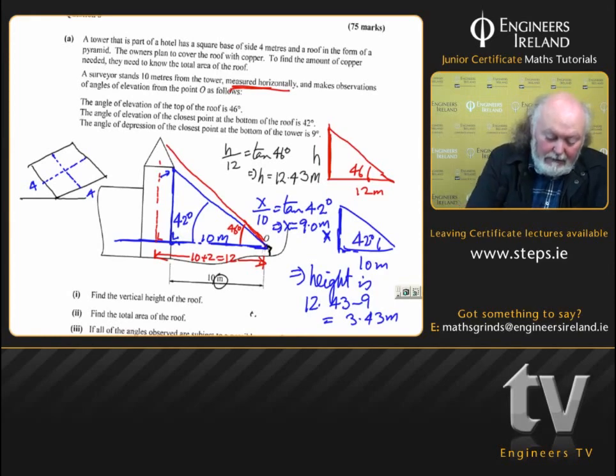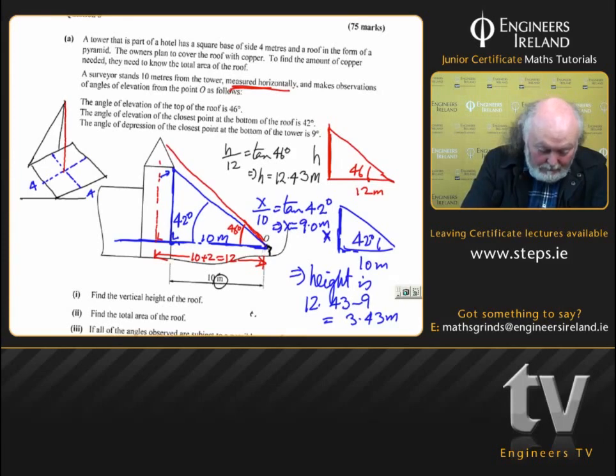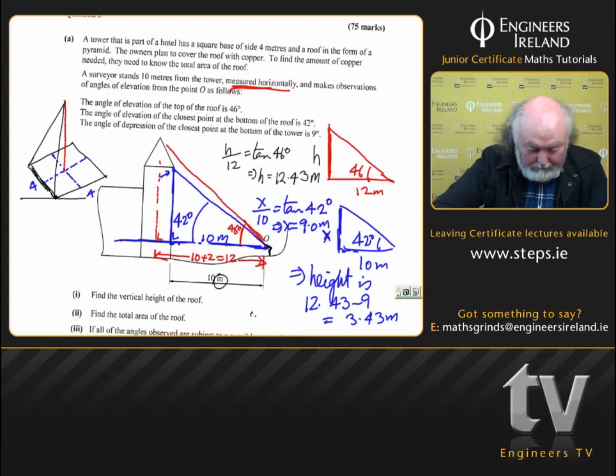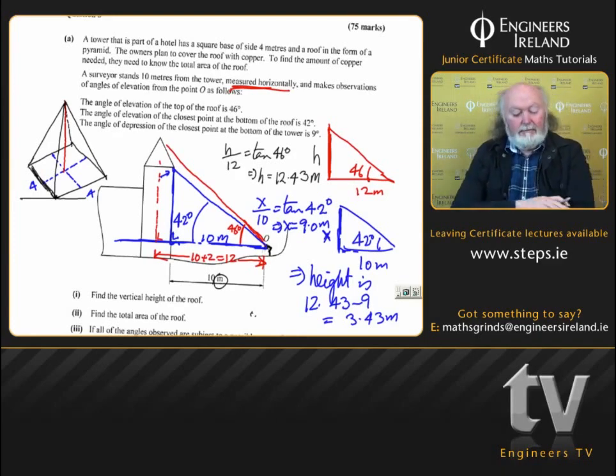Because we know the top of this regular pyramid will be directly above that middle point. That's what the roof looks like.